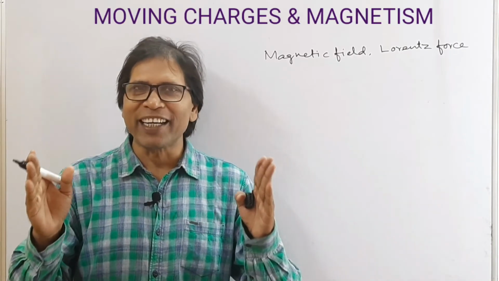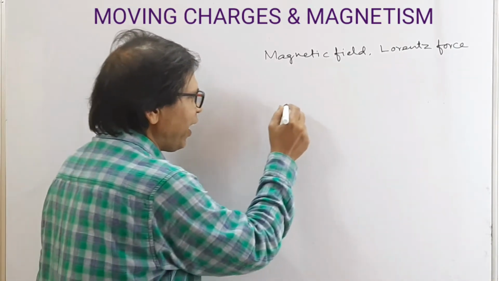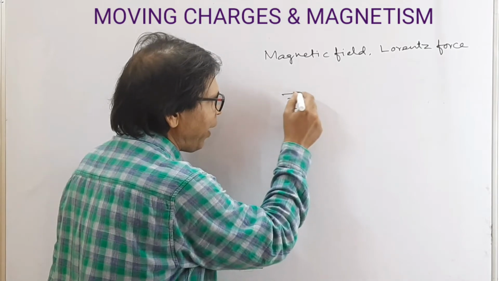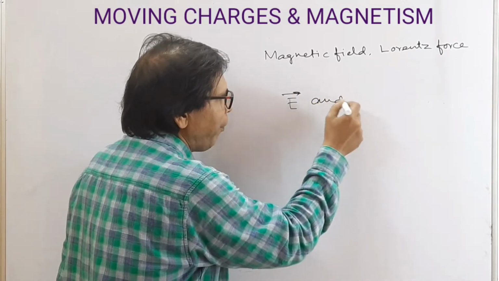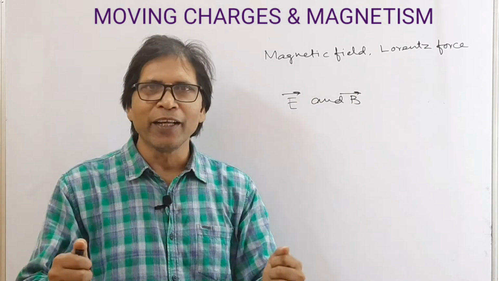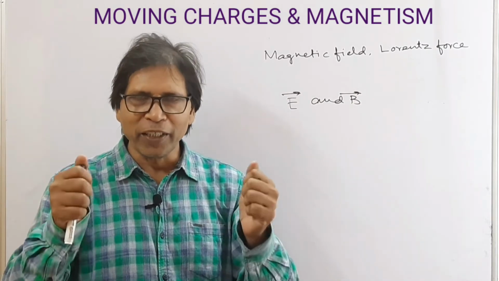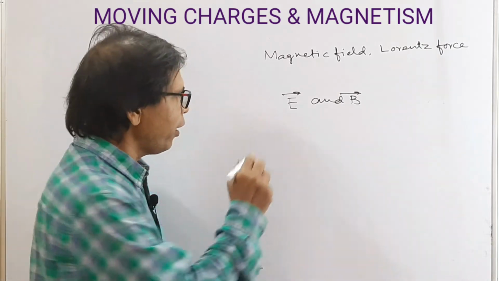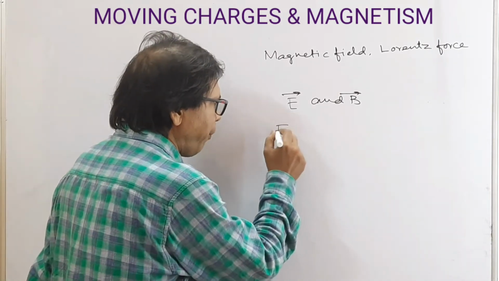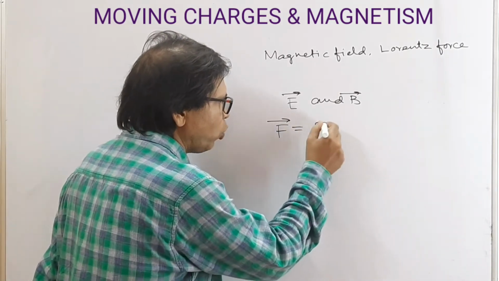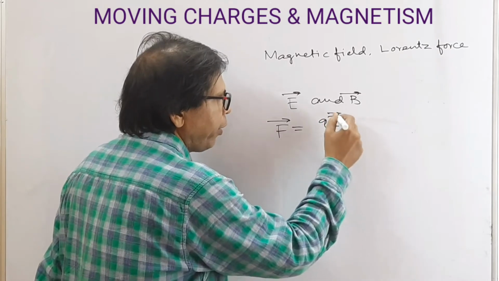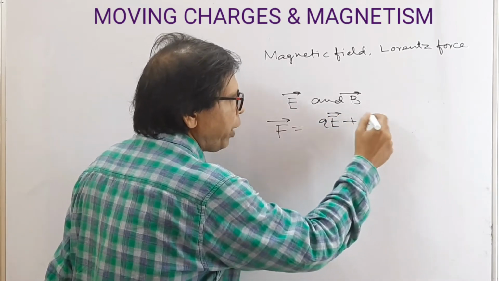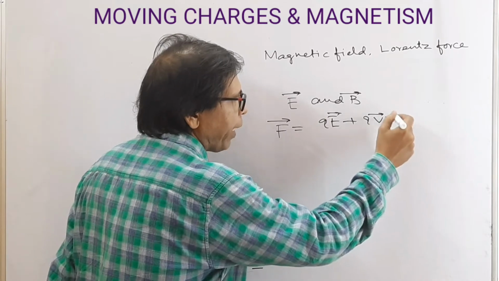Suppose a charged particle Q moves in an electric field E vector and magnetic field B vector with velocity V. Then the force acting on the charged particle Q is F vector equal to Q E vector plus Q V vector cross B vector.